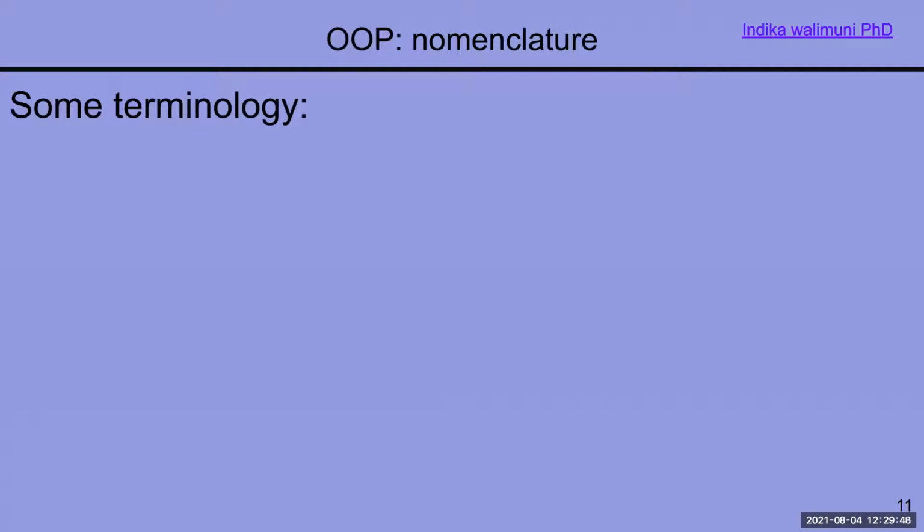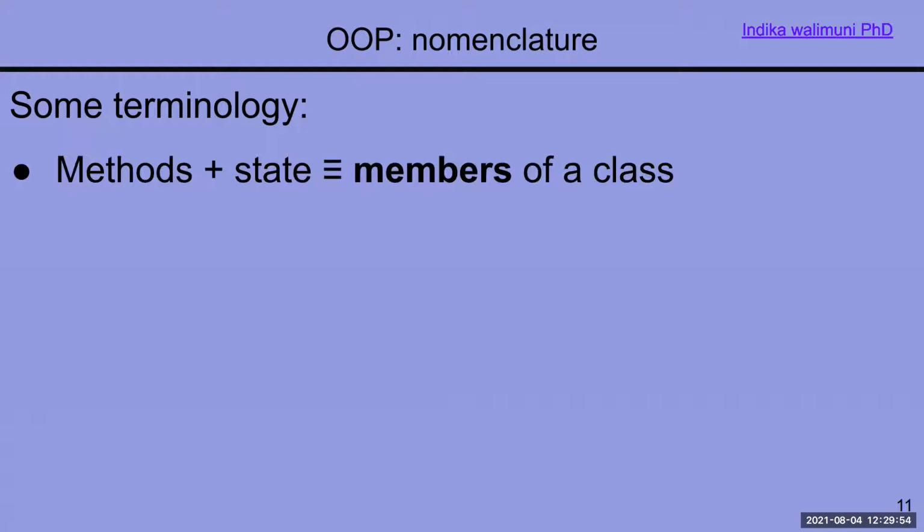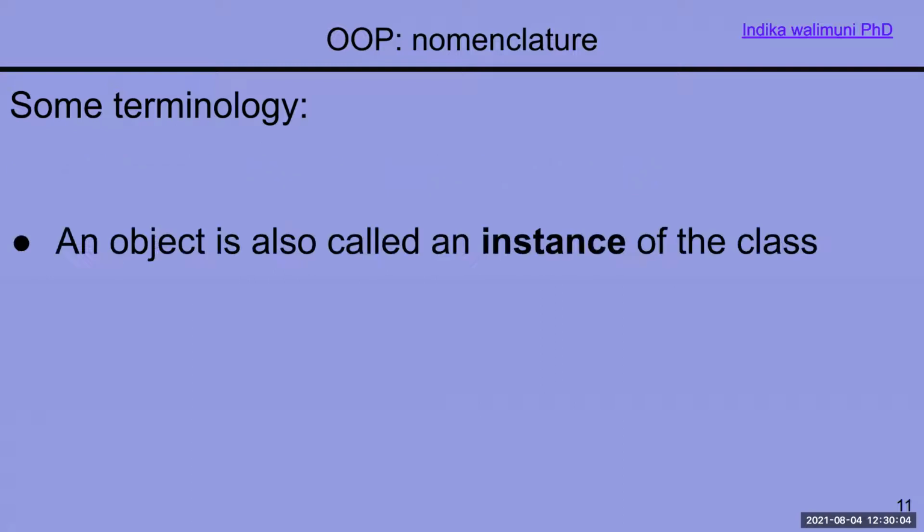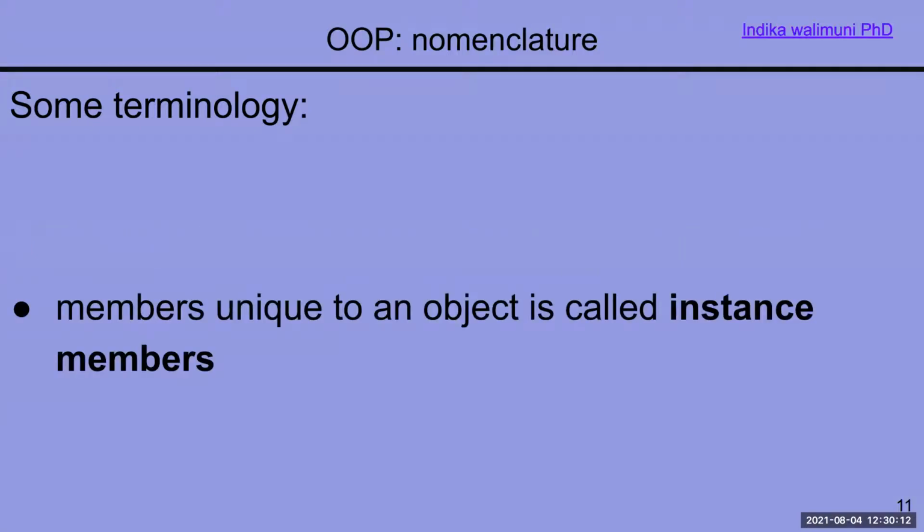All right, here is some terminology related to OOP. Like I said earlier, methods and states together, we call them members of a class. Okay, they are members of a class. An object of a class is called an instance of the class.